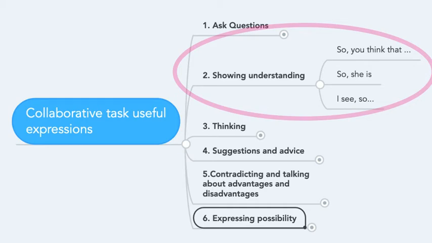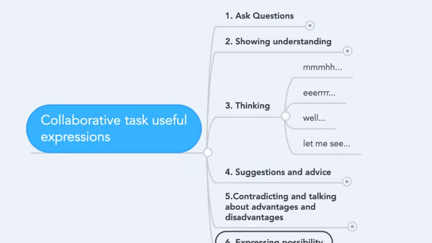Our next point might seem a little bit unnecessary, but it's a great idea to use thinking expressions. In a natural, normal conversation, you might be talking to someone and you need a little bit of time to think of an answer, and this is perfectly okay. You would use expressions such as, let me see.